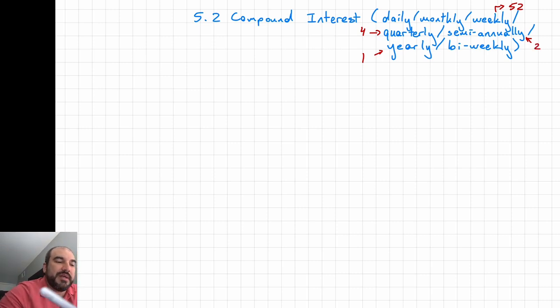So the red numbers are how many times a year this happens, right? Daily is 365, monthly is 12. And then bi-weekly. What is bi-weekly? That's how a lot of jobs will pay employees, every 2 weeks.